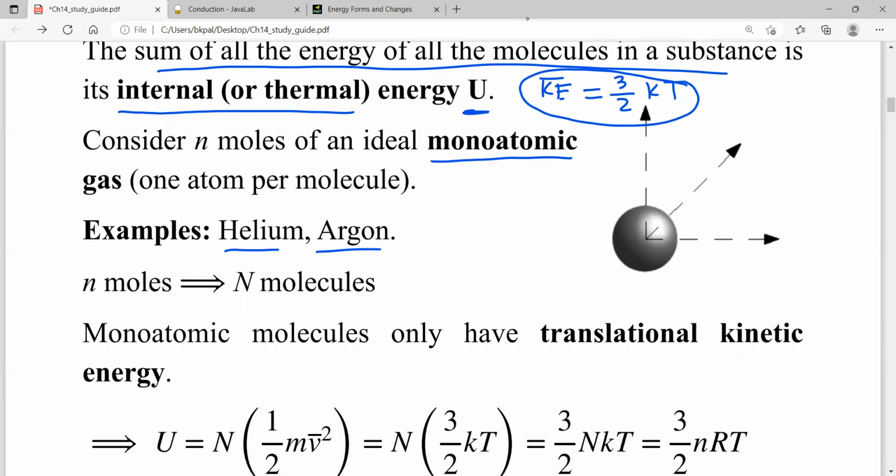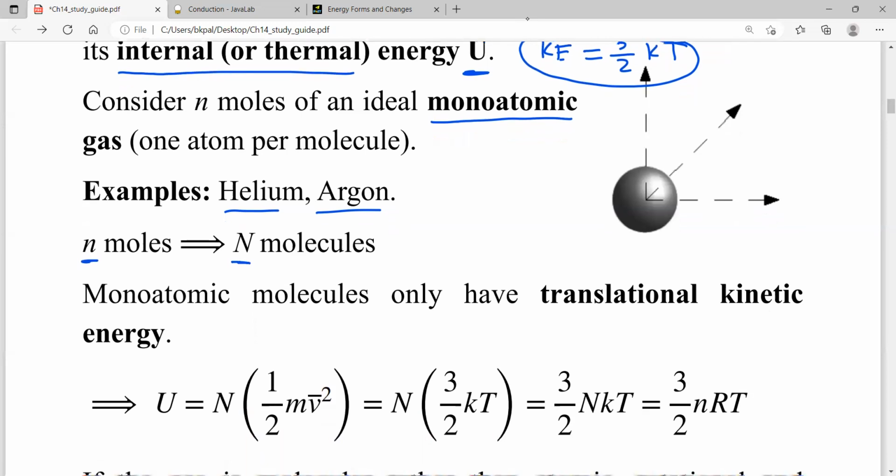So let's say we have n moles of helium gas or any monoatomic gas. And in n moles, let's say we have N number of molecules. I mean, small n moles and capital N number of molecules. So what is the internal energy or the thermal energy for this?